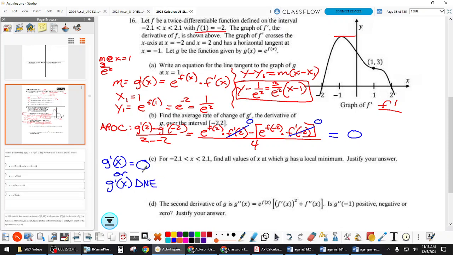Okay, so g prime has this f prime in it, so this is what you were saying, I think, Aiden, right? So where f prime is 0 is negative 2 and positive 2.